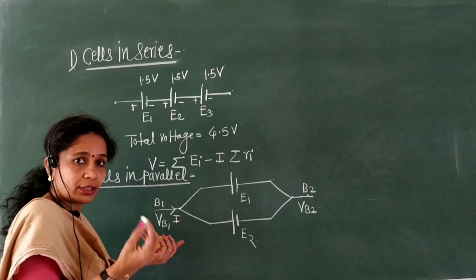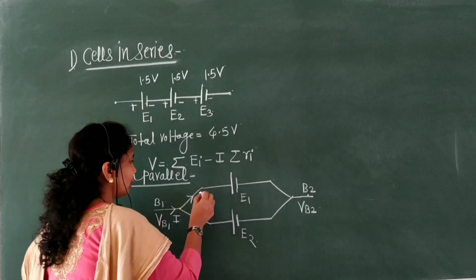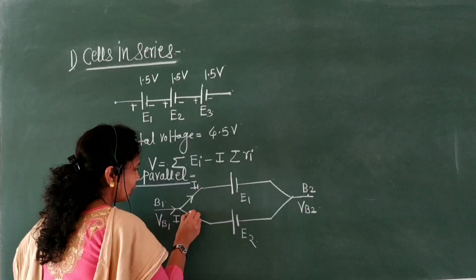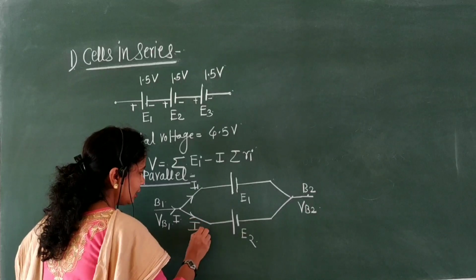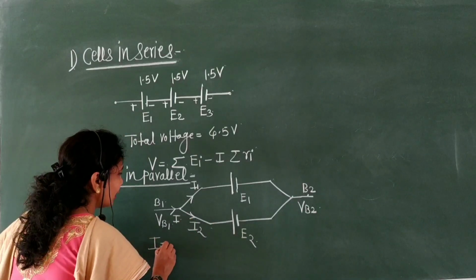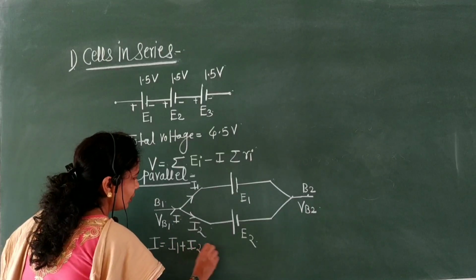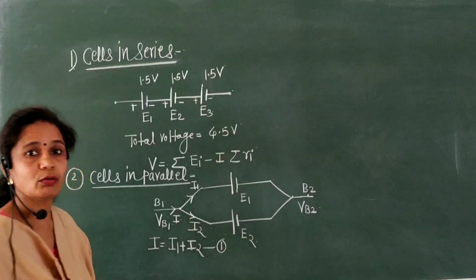At this the current is divided, therefore the current flowing through E1 is I1, the current flowing through E2 is I2, and the total current is of course I is equal to I1 plus I2. Say this is equation number 1.